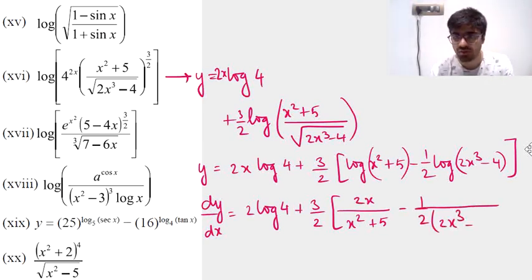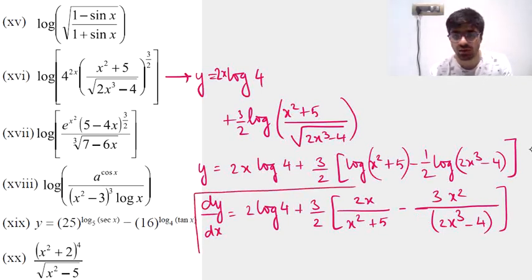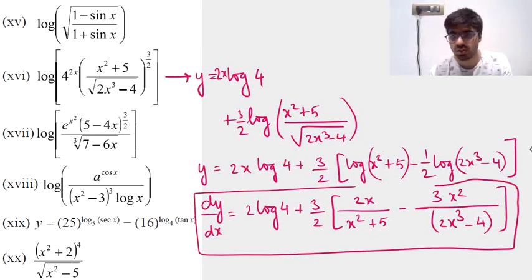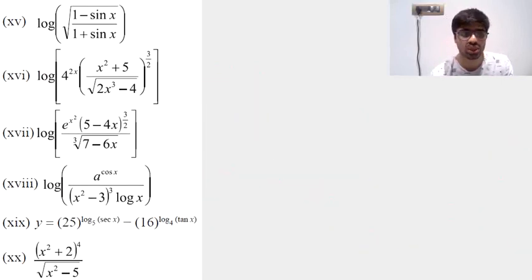In the denominator it will be 2x cube minus 4, and then derivative of 2x cube minus 4, that's going to be 6x square in the numerator. This 2 and 6 get cancelled, giving you a 3 in the numerator. And yeah, you can stop here. So this is the final expression of dy by dx for that 16th question.